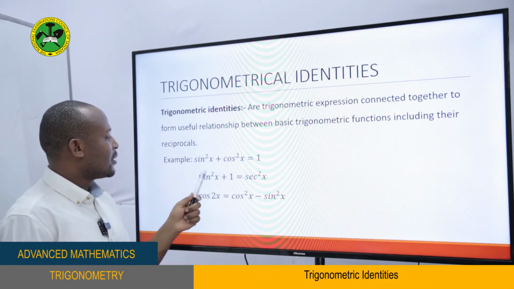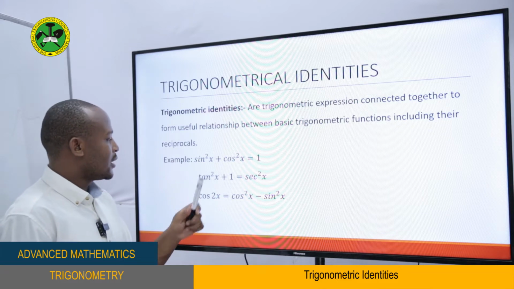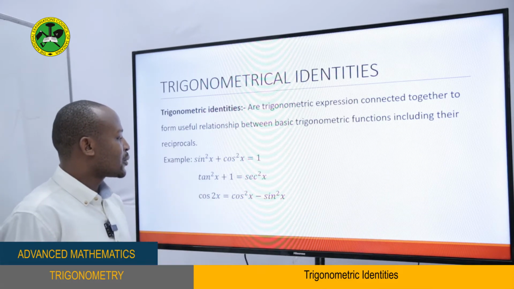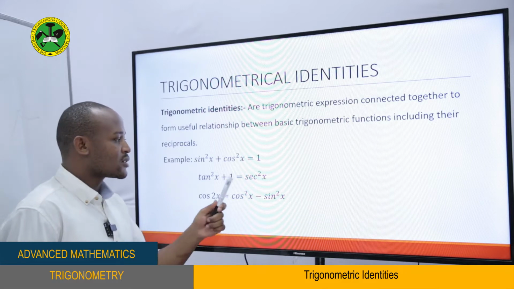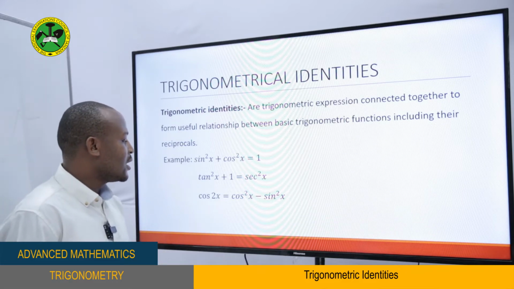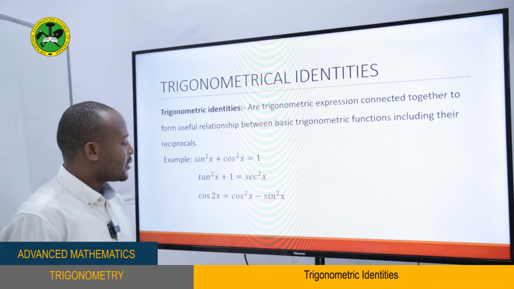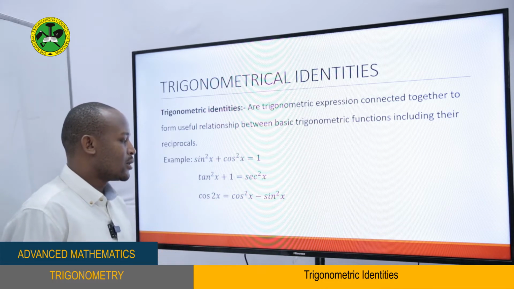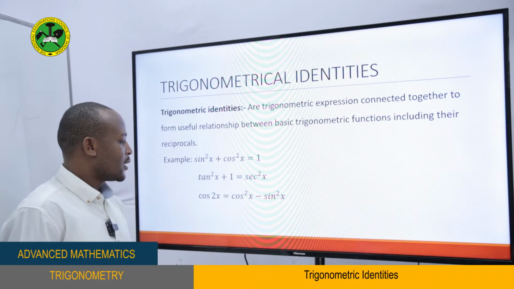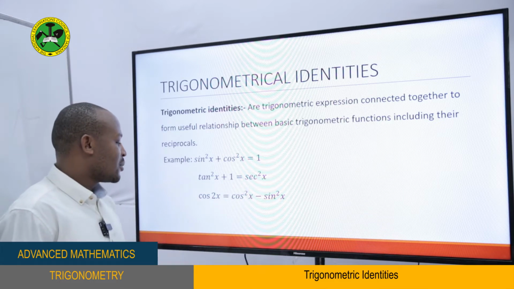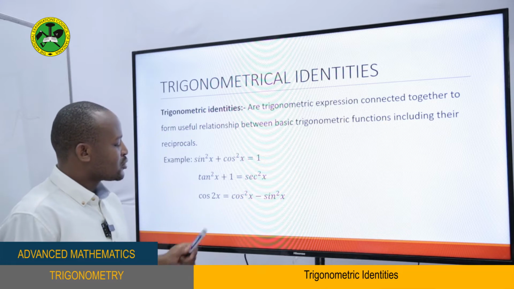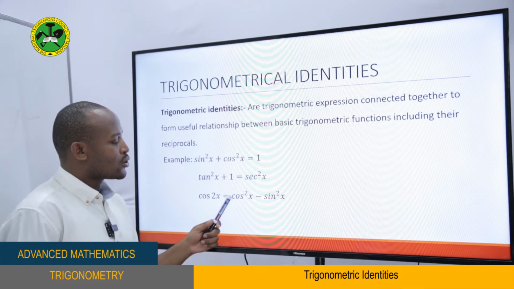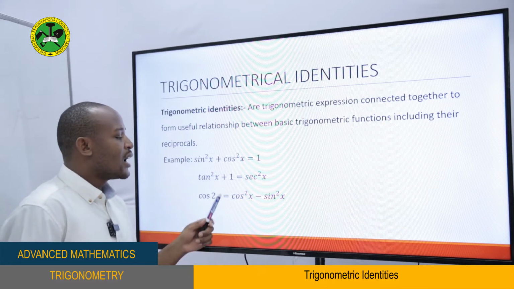For example, we have sine square of x plus cos square of x is equal to 1. That's one of the trigonometric identities that we know. The next one is tan square of x plus 1 is equal to sec square of x. Also we have cos 2x is equal to cos square of x minus sine square of x, and so forth.